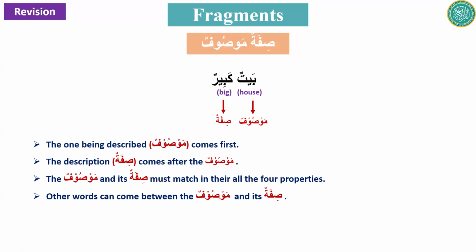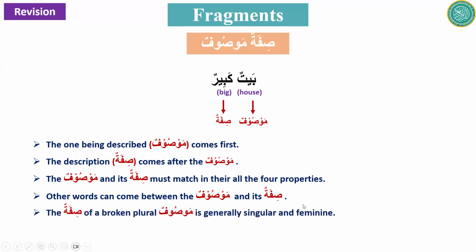It will be singular feminine. Why? Because it has to match in all four properties. If Buyutun is a broken plural, it will be treated as singular feminine. So in order to match, the sifa should also be singular and feminine.